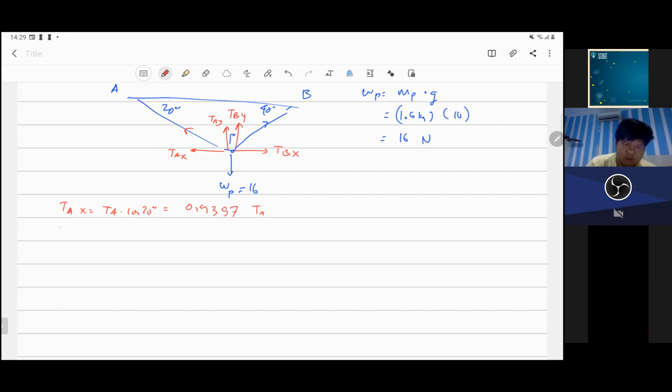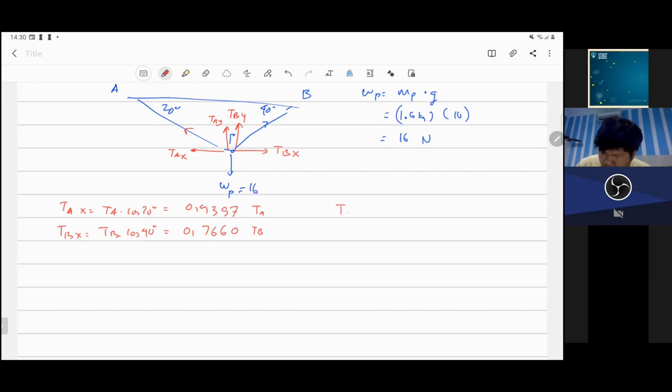Tension B on the x-axis is going to be tension B times cos 40 degree. What is cos 40 degree? It's going to be 0.7660 tension B.